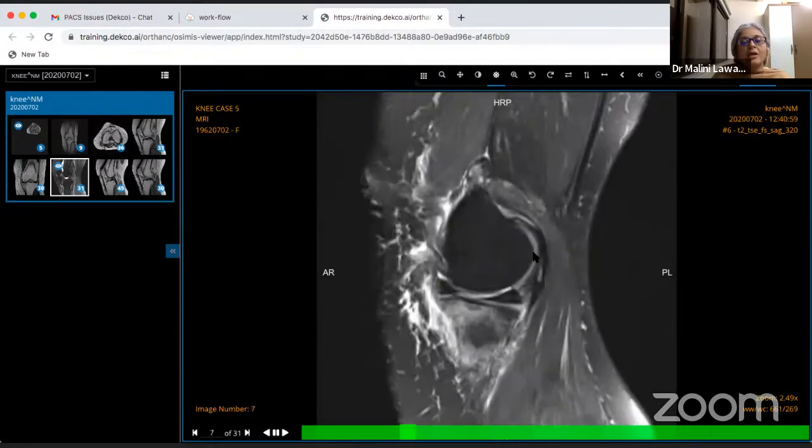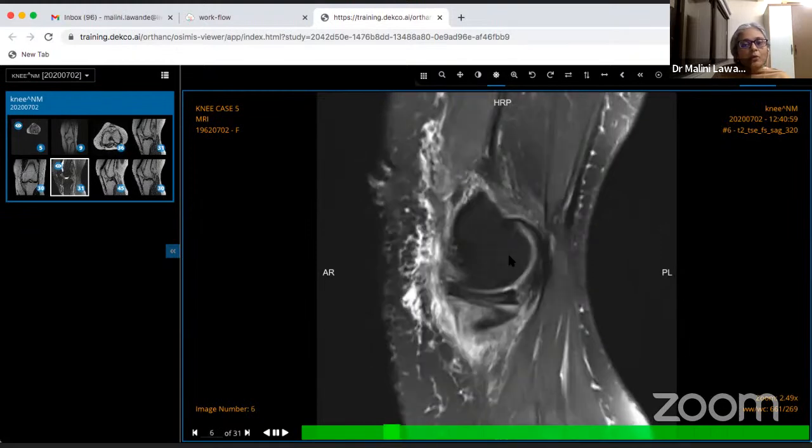Why is that? Because normal marrow in adults has fat, which is bright on T2, and almost all the pathologies are bright on T2 because they are in some way related to edema. Now, bright fat and bright edema, you cannot differentiate. So we make the fat look very dark, so that whatever remains bright is what is abnormal.